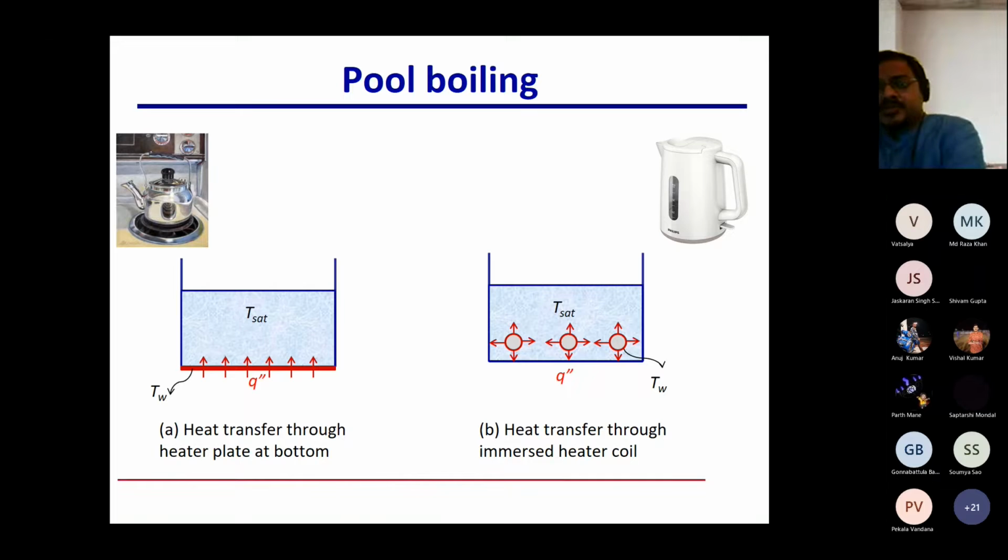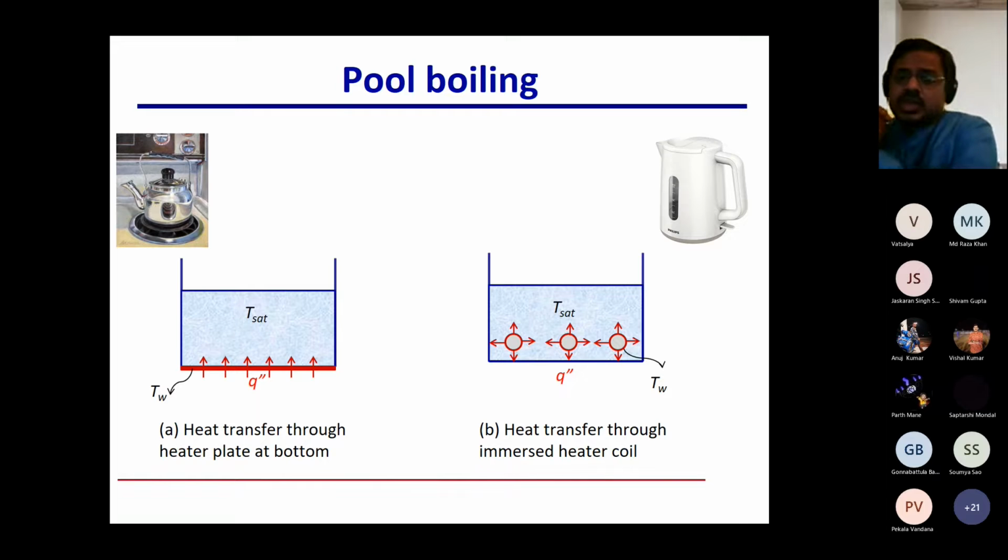Now, in the first case, you may argue that the heater surface is actually the stove, which is outside, so it is not submerged in the liquid. But that is not correct. It is submerged in the liquid because for the pool of liquid, the heater source is the bottom surface, or if it's a metallic container, even the side surfaces.